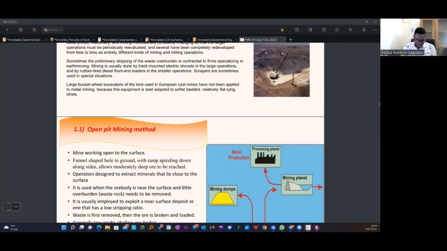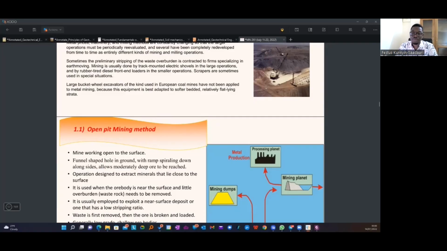Then the last thing, large bucket wheel excavators of the kind used in European coal mines have not been applied to metal mining because this equipment is best adapted to soft bedded, relatively flat lying strata. That's exactly some of the things I'm saying. So some machines may be used in other parts of the world, where in Ghana we cannot use that. Why? Because our rocks are very hard.